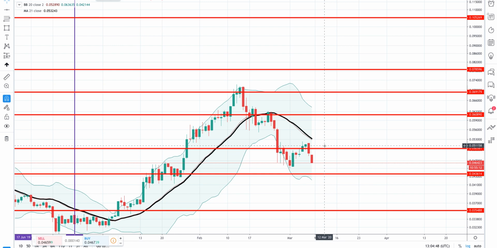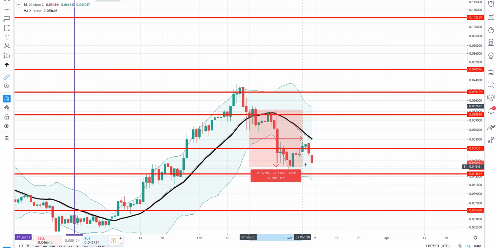Okay, before we finish the video, you can see here the first time the bearish engulfing appears, and it did a great job. Starting from the close all the way to the bottom, it's around 27% down.